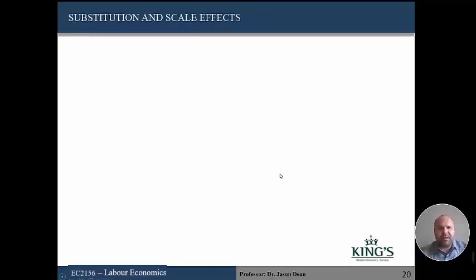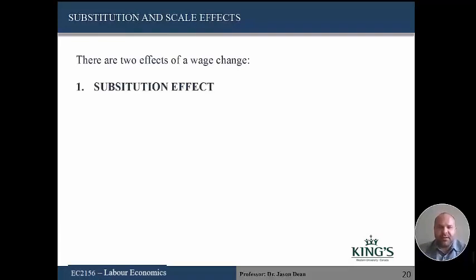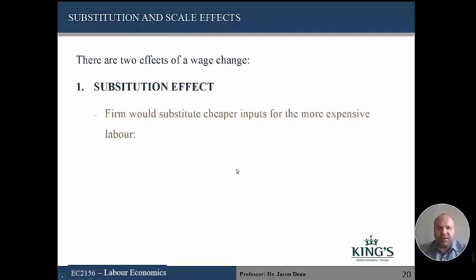Okay, let's talk about the substitution and scale effects. Okay, so when you have a wage change, there's going to be the substitution and scale effect. The substitution effect is just simply the fact that firms would substitute cheaper inputs for the more expensive labor. So if the wage increases, that makes labor relatively more expensive than capital, assuming the price of capital stays the same.